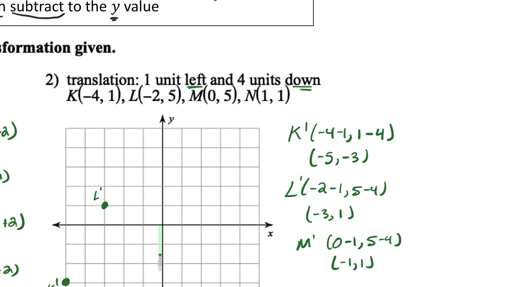So from the origin, I'm moving 1 to the left because it's -1 on X, and 1 up because it's positive 1. So this is M prime. And the next one, N prime, is going to be 1 minus 1 and 1 minus 4. That means that I got 0, -3. From here, I'm not moving on X, and then I'm going down 3. That means that this point here is N prime. Again, let's connect all the information here.